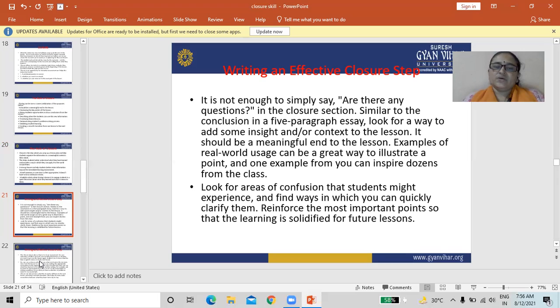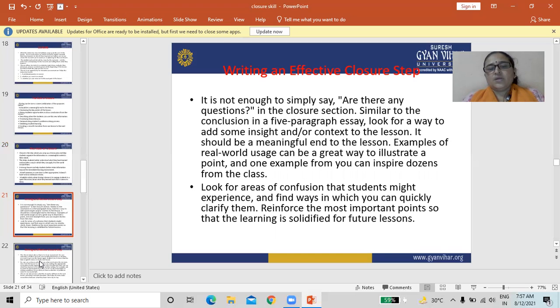Examples of real world uses can be a great way to illustrate a point, and one example from you can inspire dozens from the class.